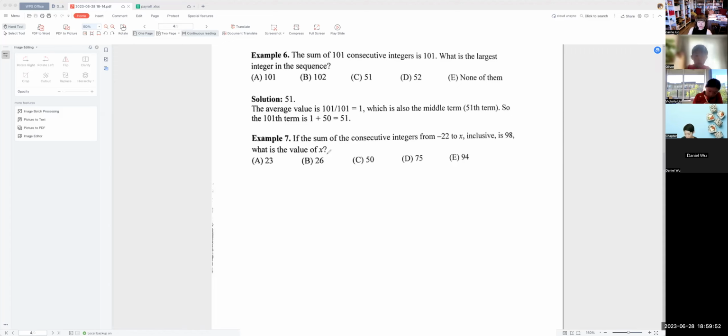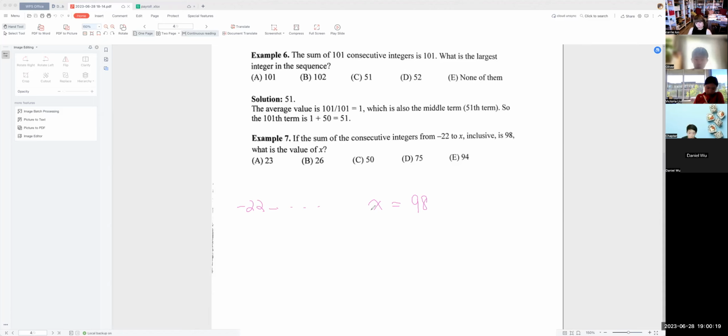Okay, so let's take a look at this one. The sum of the consecutive integers from negative 22 to x. 那这个 x 不知道是什么，对不对？但是我们知道加起来等于98, right? Plus all together equals 98. So how do we do this one?